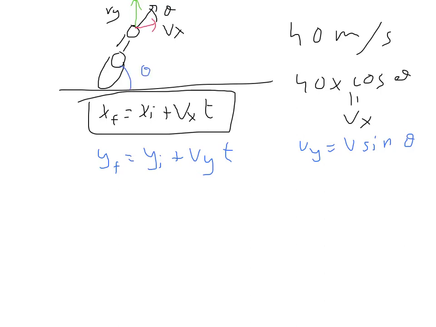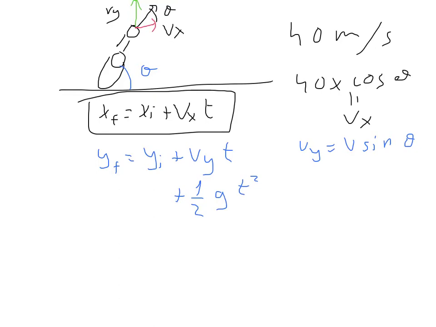Yeah, this is also theta. And then plus one half a t squared, right? In this case, the acceleration is gravity, so I'm just going to write g t squared. And that's if you count g as negative.